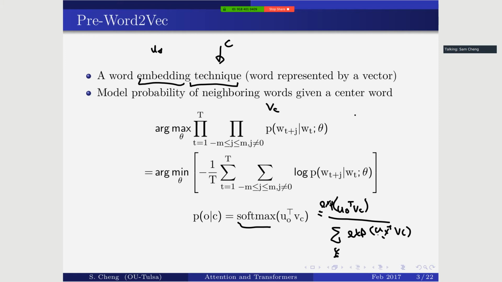So if I have 100,000 words, this is a sum over 100,000. So you can see this is quite computationally intensive, so we'll address this later on. But this is the classic idea.